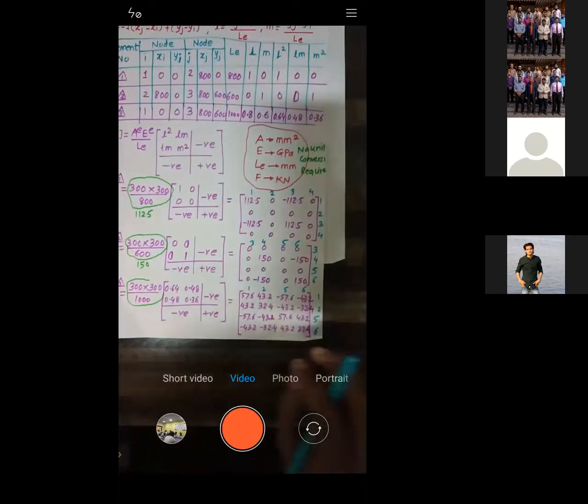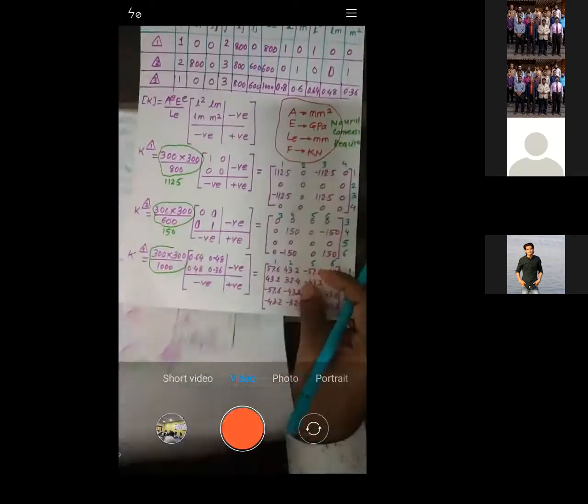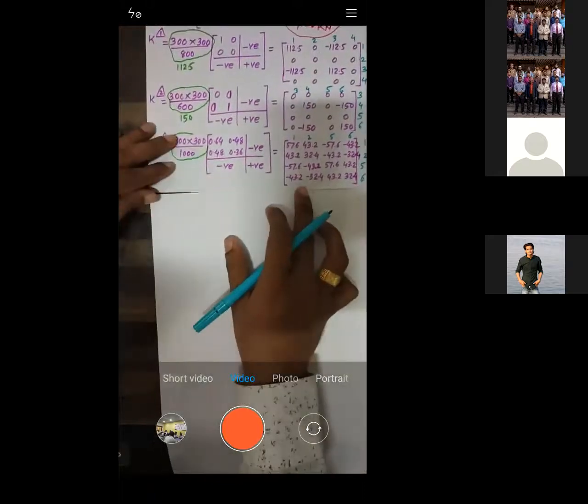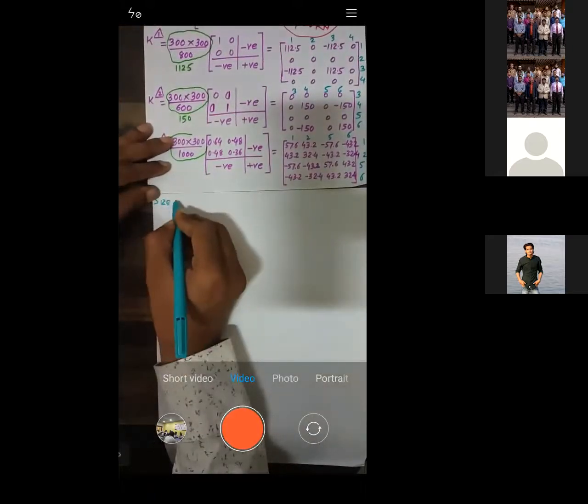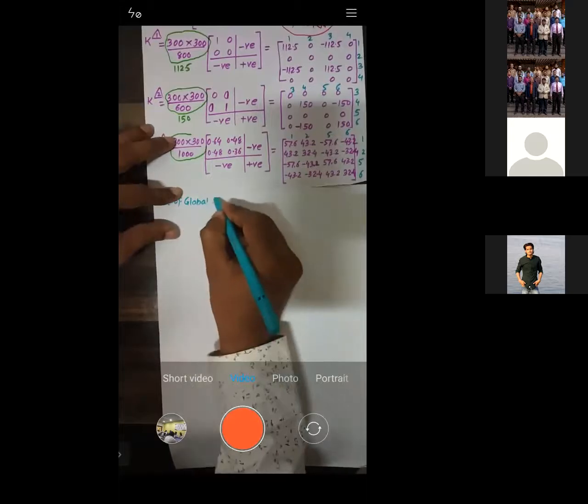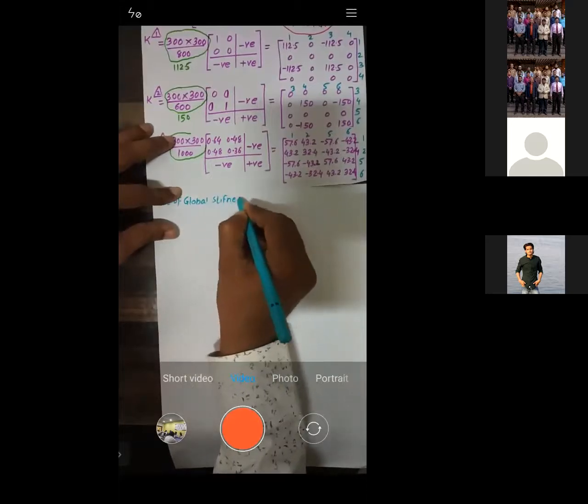Now let us form the global stiffness matrices. How to do that? For that, we should determine the size of the global stiffness matrix.